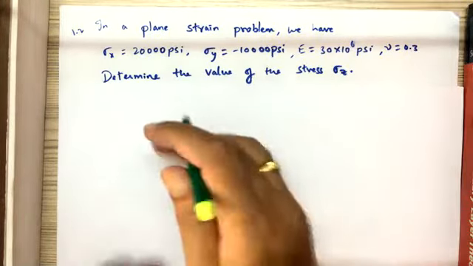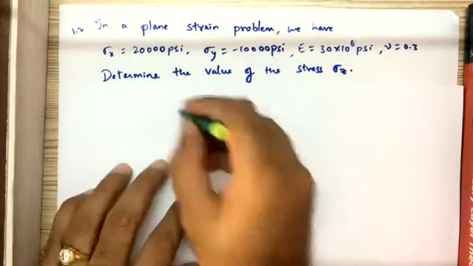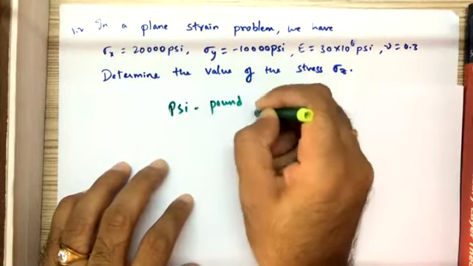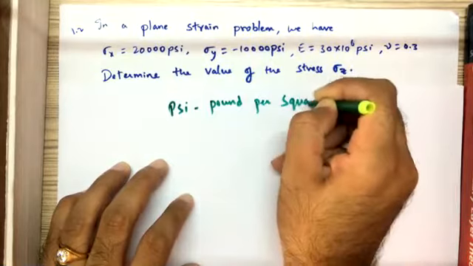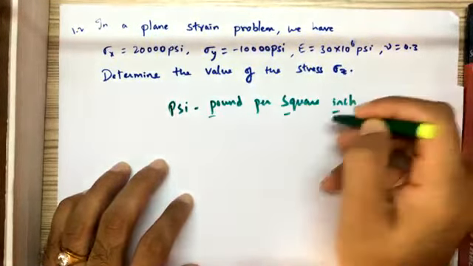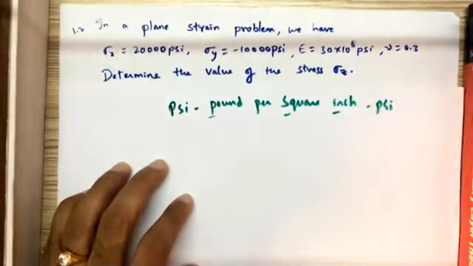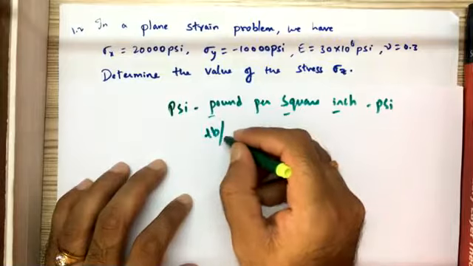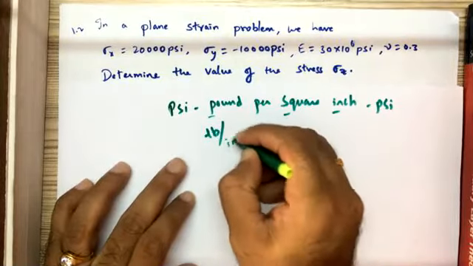We know what is psi. PSI is pound per square inch. We can write it as LB per inch square.